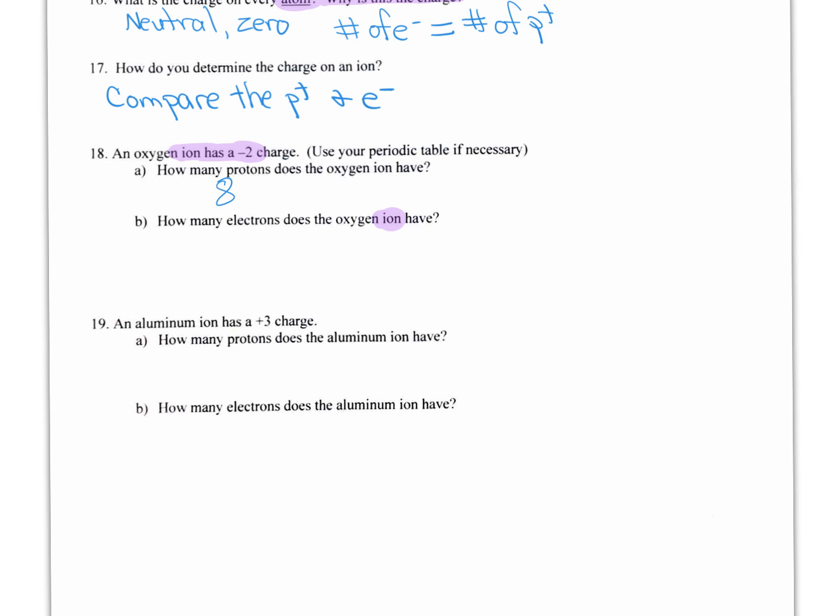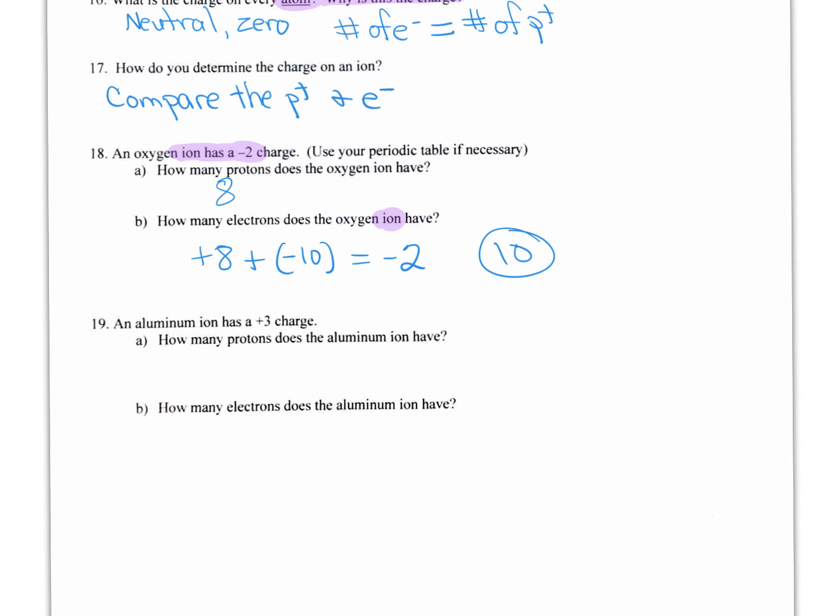The atom would have 8, okay? The ion has to have more than 8 because it has a -2 charge, so it has to have more electrons than it does protons. Basically, it goes back to simple math. I've got +8 plus a certain number is going to equal -2. So this has to be a -10. So how many electrons does it have? It has 10.